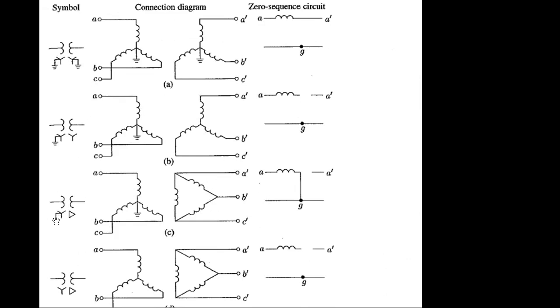Third configuration, primary Y ground, secondary delta. Fourth configuration, you will not have ground for Y and delta. So zero sequence circuit based on these different configurations will be given here in this chart.